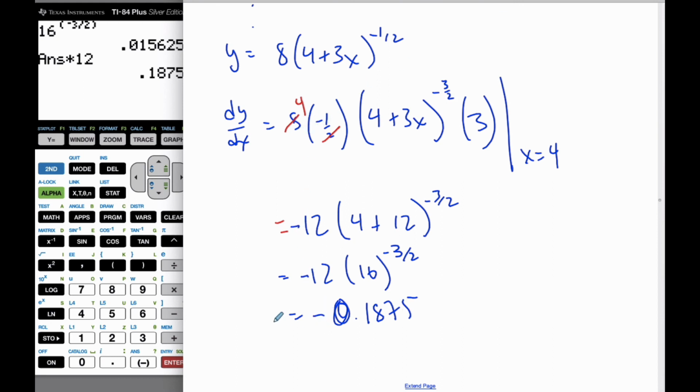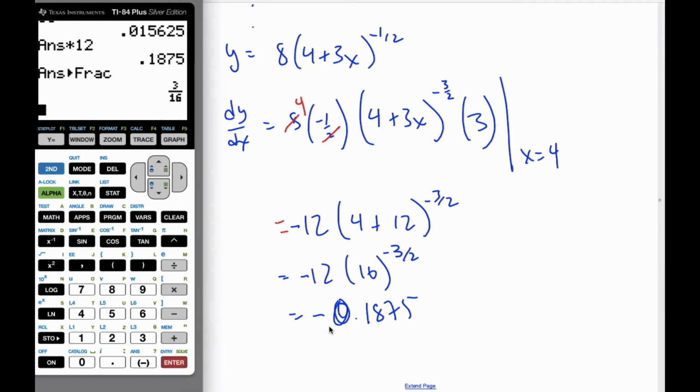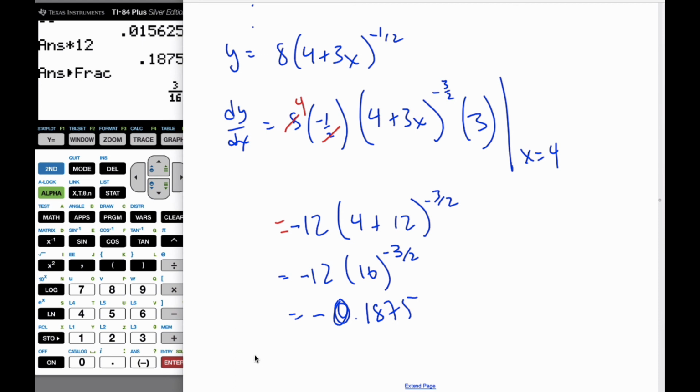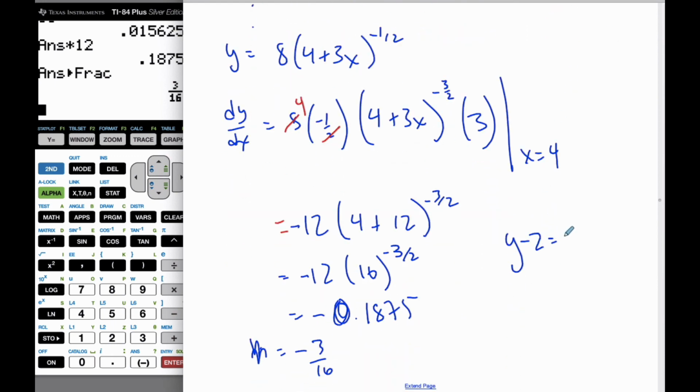That should be negative. And if I take that, I can convert it to a fraction and work in fractions, and I can say that my slope is equal to negative 3/16. If I plug it into y minus y1, my point is (4, 2). Is equal to minus 3/16 times (x minus 4).